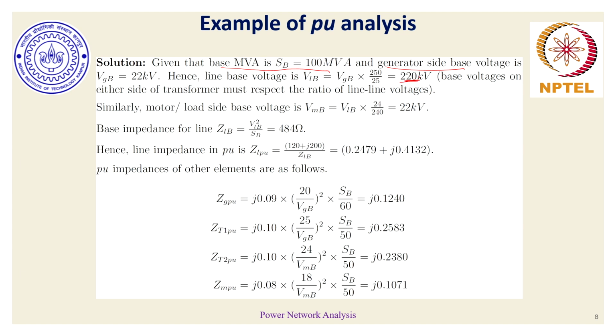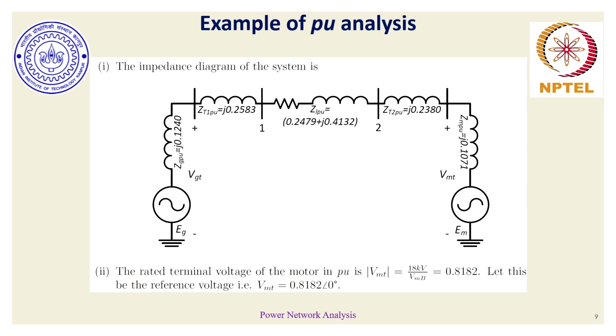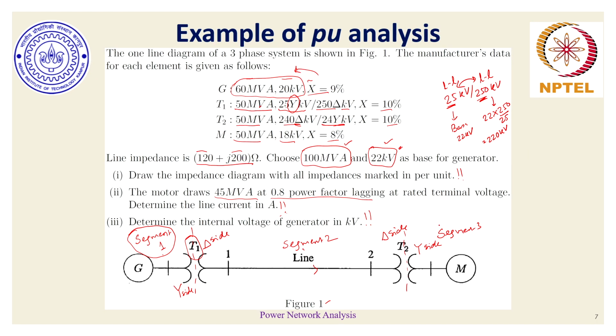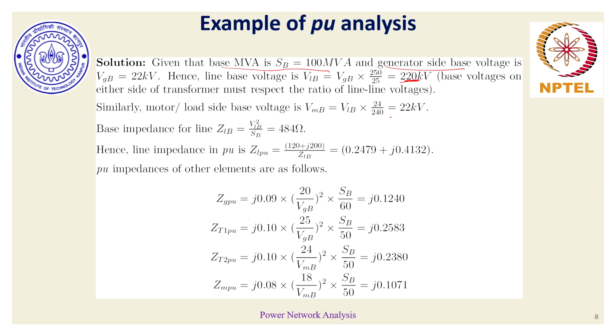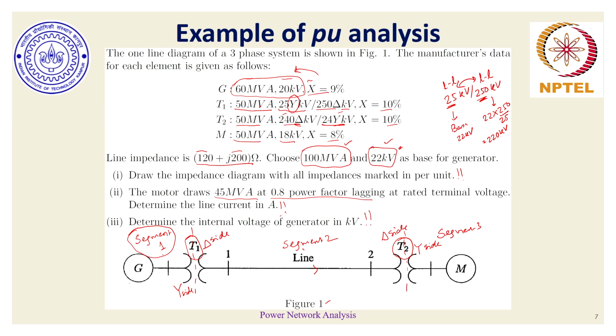Once we know the segment 2 base voltage, we can find the base voltage for segment 3, where we have to consider the turn ratio of transformer T2, which is 240 kV by 24 kV, again a turn ratio of 10. So the base voltage on segment 3 becomes 22 kV. Now remember, the base voltage that we have chosen, 22 kV, does not match the individual base voltages of any of the quantities given in this network.